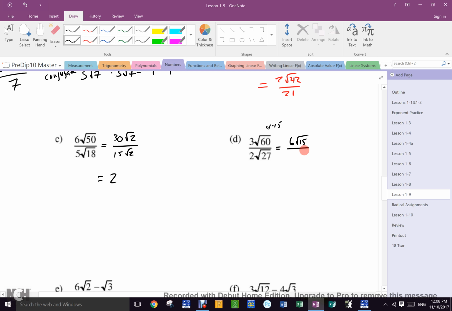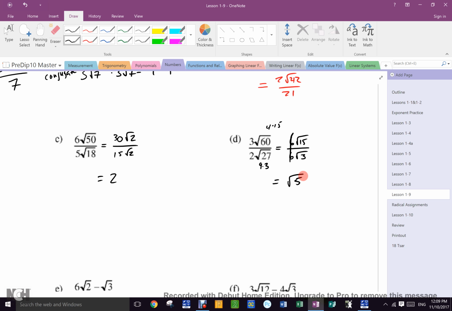Over what? 9 times 3. So what comes out? 3. What's already there? So it's 6 root 3. What happens to the 6's? Gone. Does that divide perfectly? To what? Root 5. Do I need to rationalize? No.